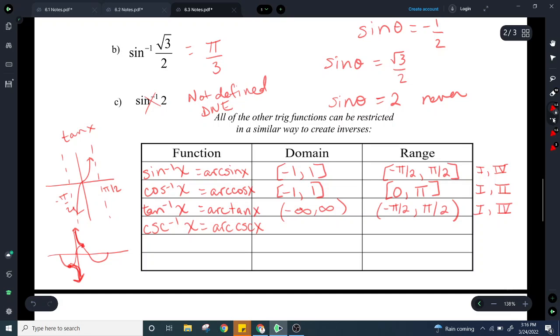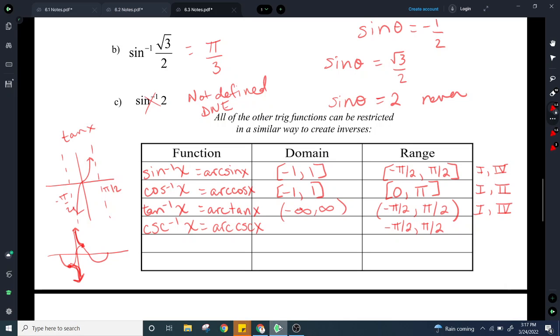The output would be the same as it was for inverse sine. So it would be from -pi/2 to pi/2, but it would not include the endpoints. Let's check. Yeah, so it would go from -pi/2 to pi/2, the same range as its reciprocal function.